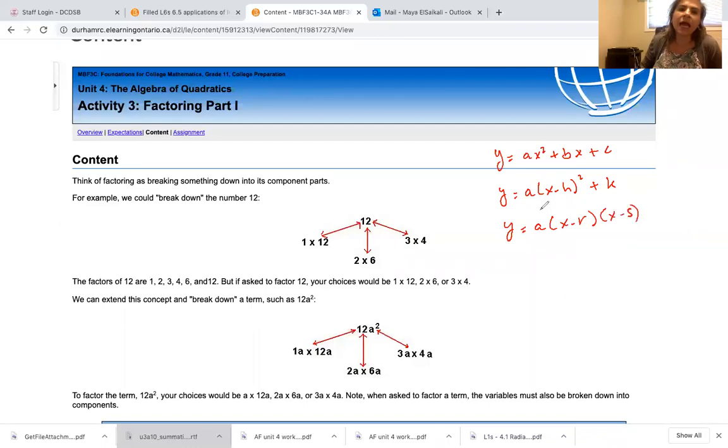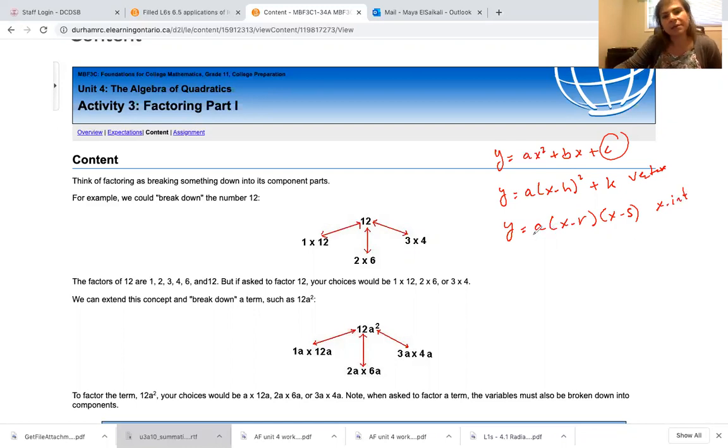And then we said that each one of these tells me something useful, right? This tells me the y-intercept, this tells me the vertex, and this one tells me the x-intercepts. All of these key points are important for me to graph.